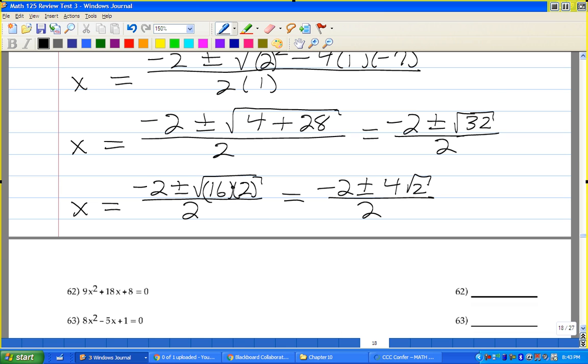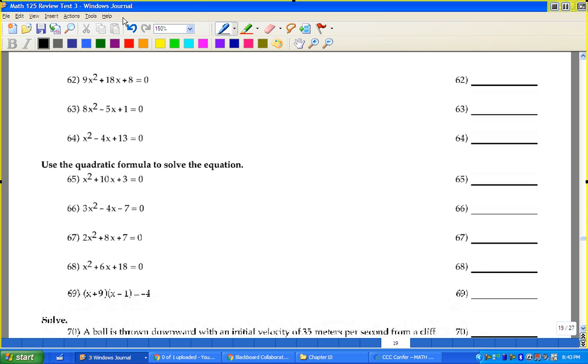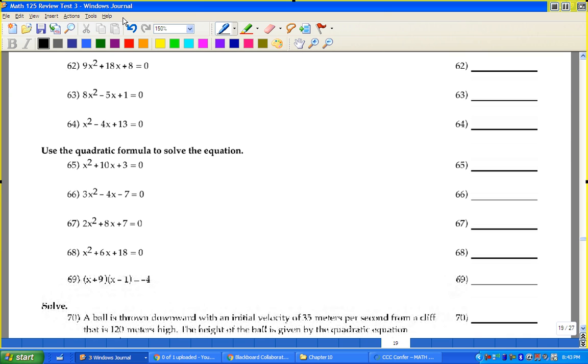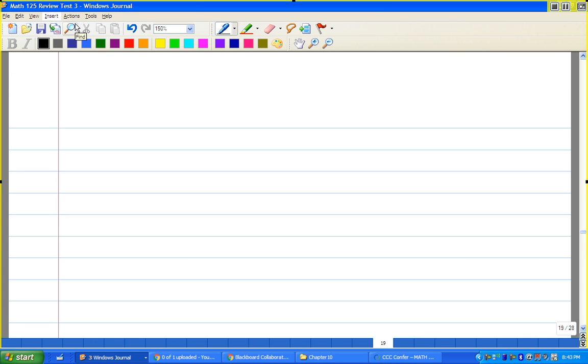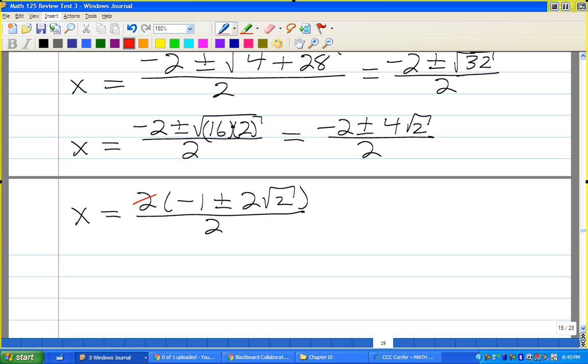And so let me get a new page, I still need another page. And so this is equal to, let me factor out a 2. So -1 plus or minus 2 rad 2 over 2. Let me cancel the 2's. And so I get -1 plus or minus 2 rad 2.